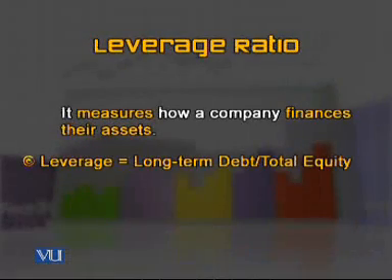So a 100% equity owned company would have a more loyal following than a company awash with debt. But you need to find out how it finances its assets. And how do we get to that? Through the equation where long-term debt is divided by total equity. And we get the leveraged position of a company.